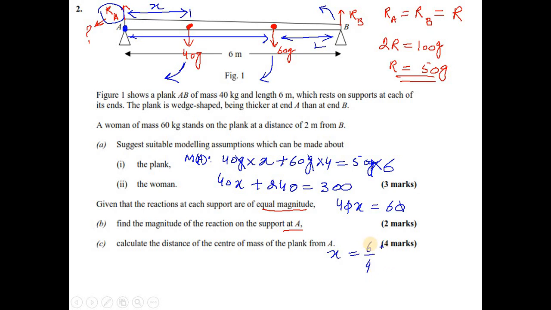That means x is equal to 3 by 2, which is equal to 1.5 meter. So the center of mass is 1.5 meter away from the side A. That's your answer.